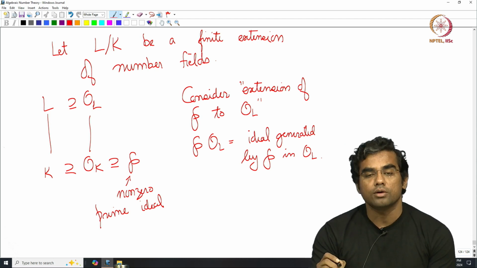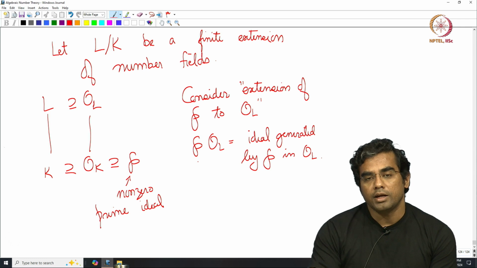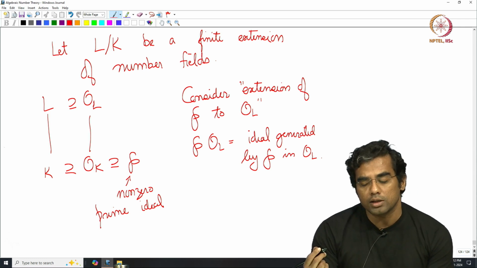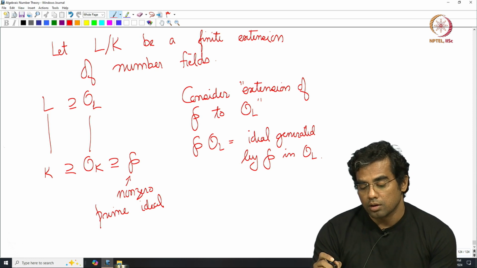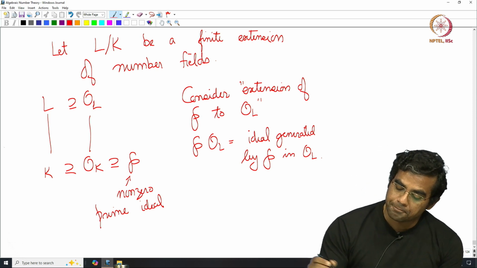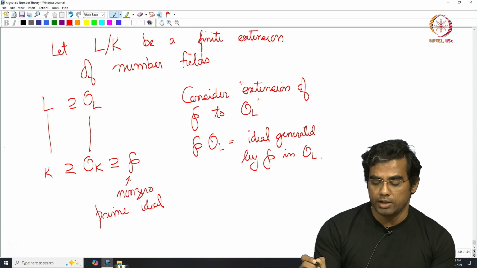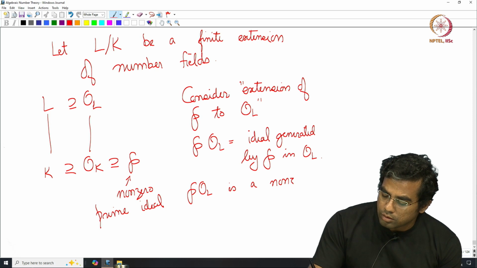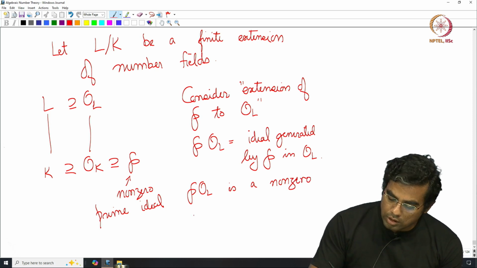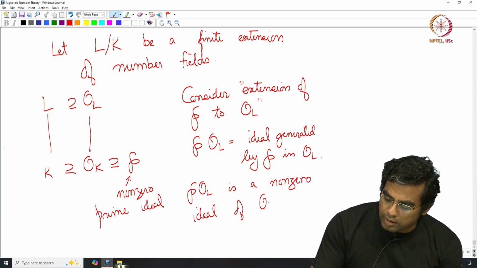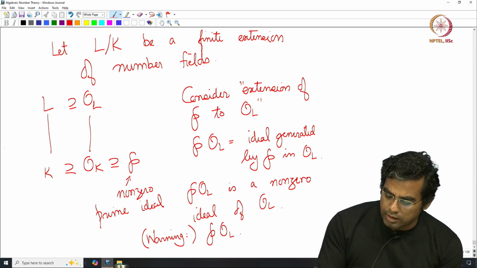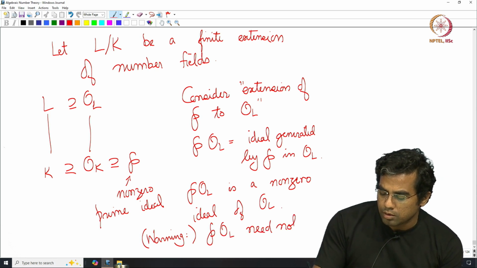P was a prime ideal downstairs in OK. I take the ideal generated by P in OL. This need not be a prime ideal at all. It does not have to be a prime ideal, but it is a non-zero ideal. So, POL is a non-zero ideal of OL, and a warning that POL need not be prime.